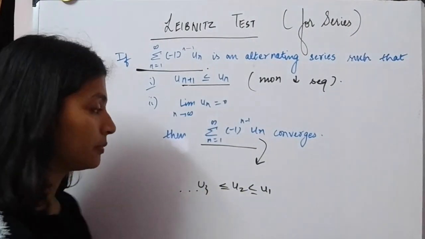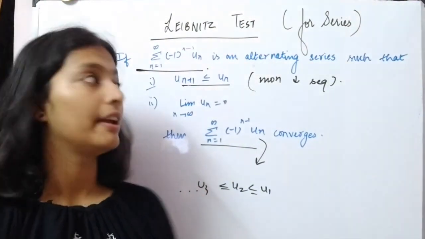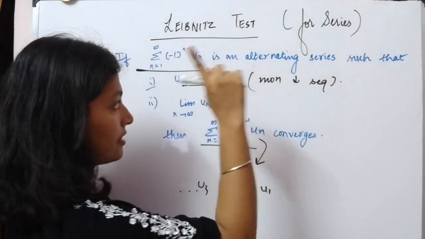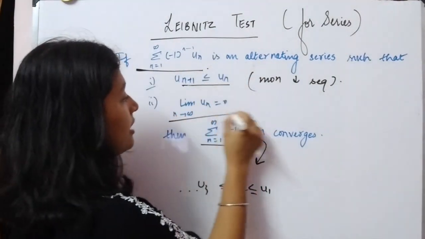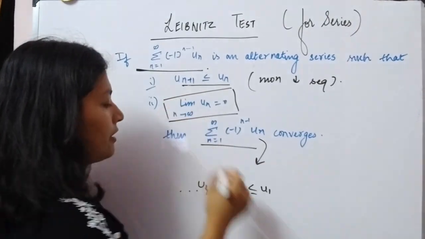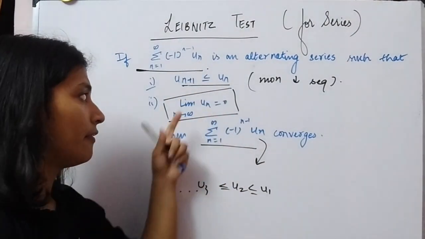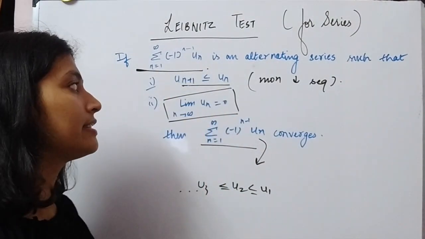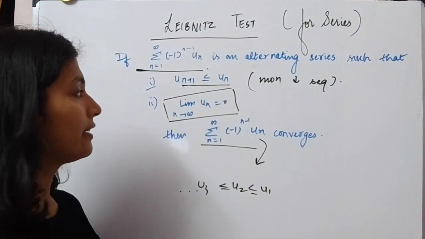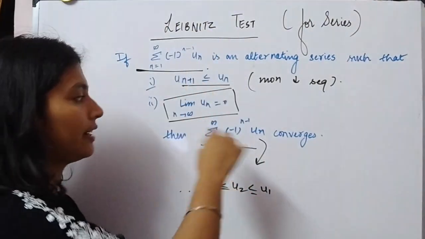The second part is that the limit as n tends to infinity of the nth term should be 0.